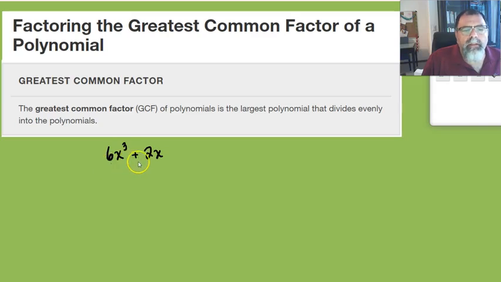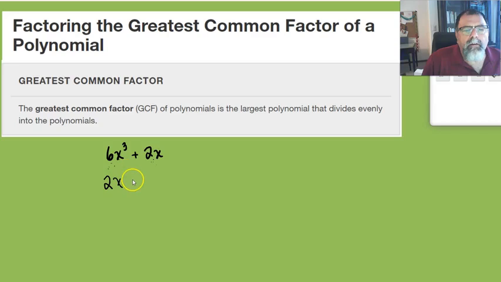What divides out of both of these terms? You kind of break it down. You could see that 2 divides in both 2 and 6, and x divides in both of those. So that would be the GCF.